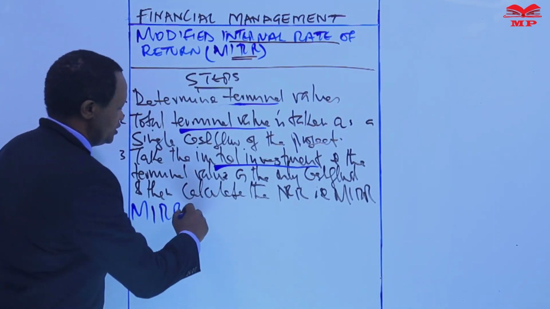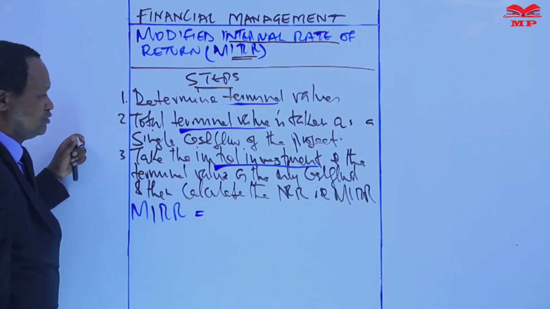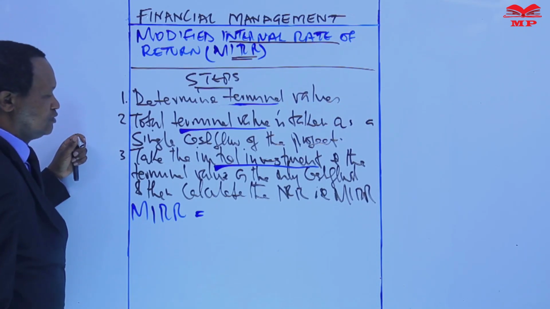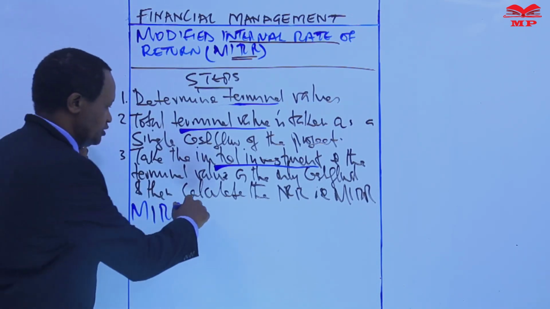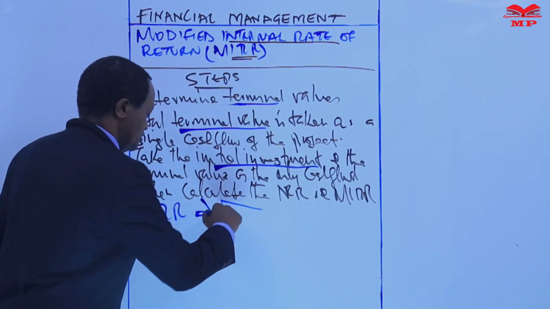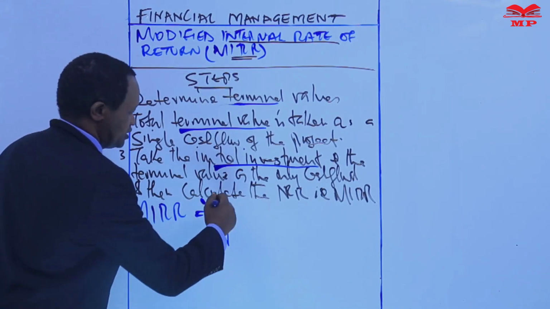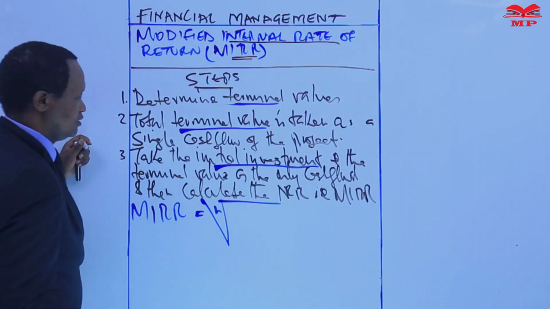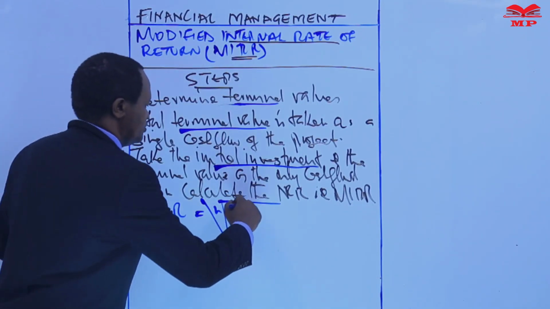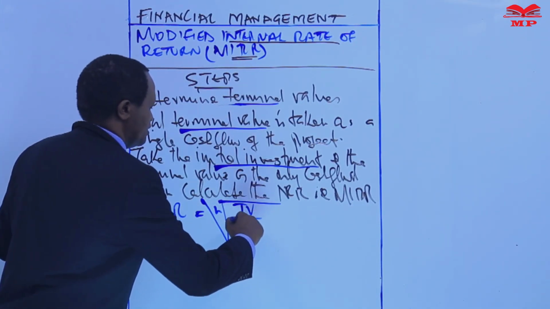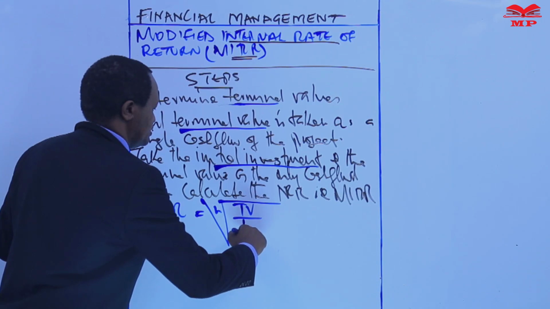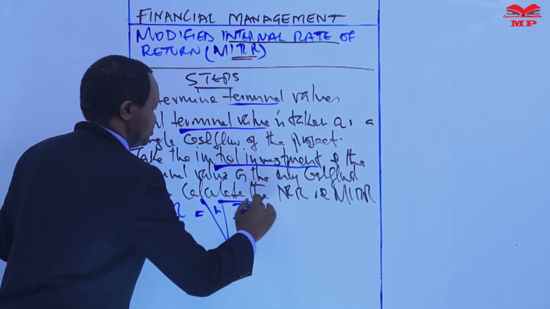And later on you'll see it is just simple. To convert all this into a formula, candidates, you just take the nth root of the terminal value divided by the initial investment, minus 1.